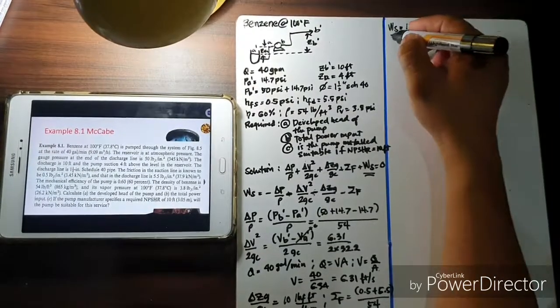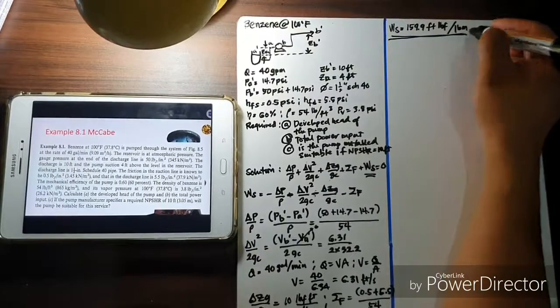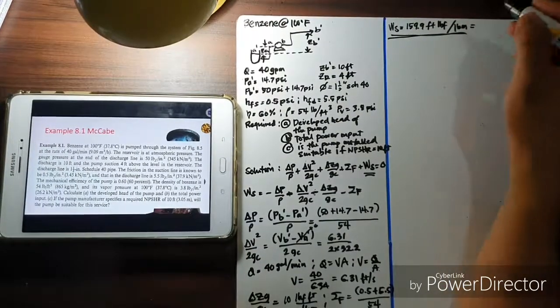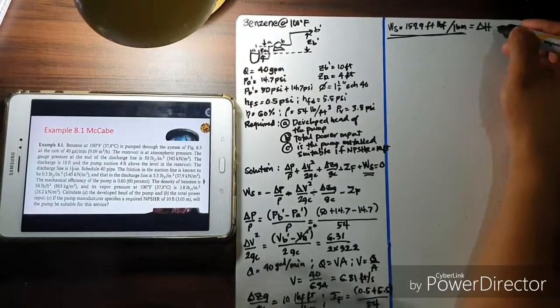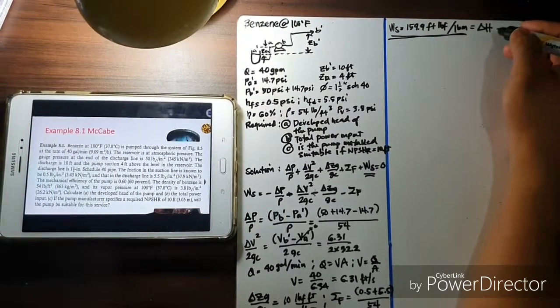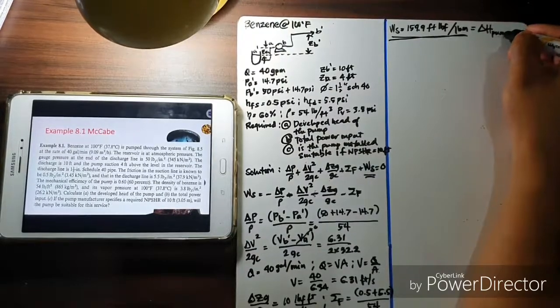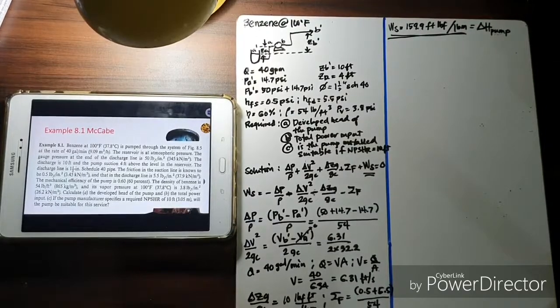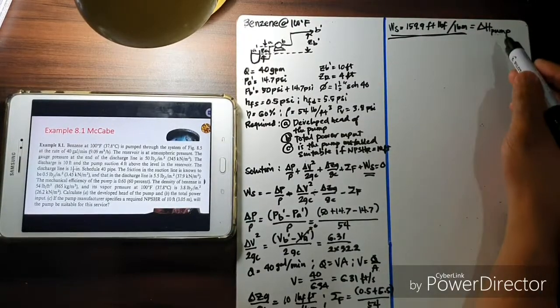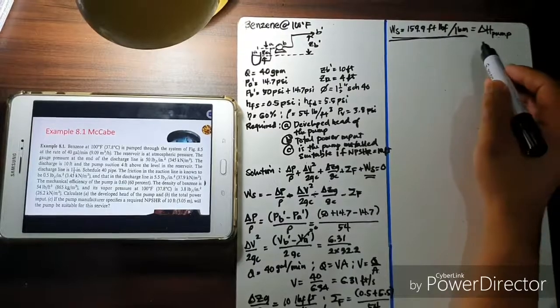This is the value of your shaft work, which is actually equivalent to the change in the head, or the developed head of the pump. Okay, that is the developed head of the pump. So we're done with letter A. This is the developed head of the pump.